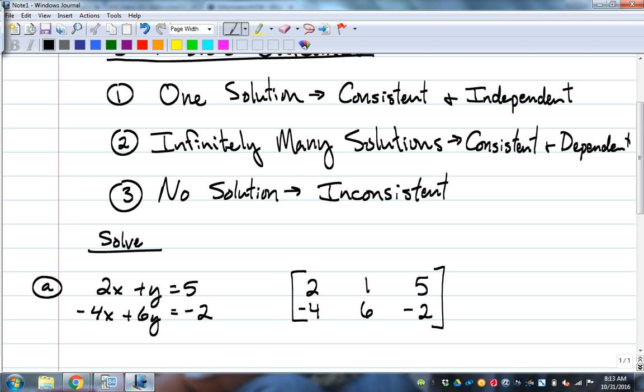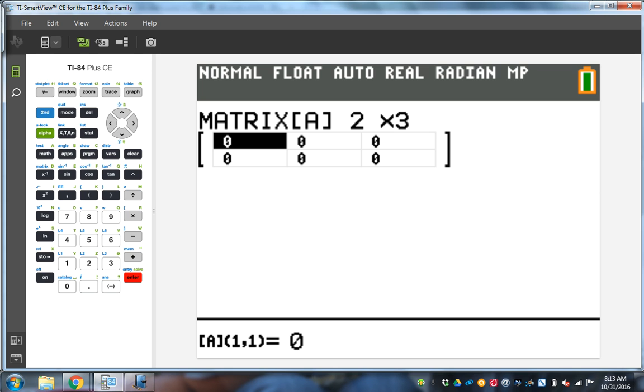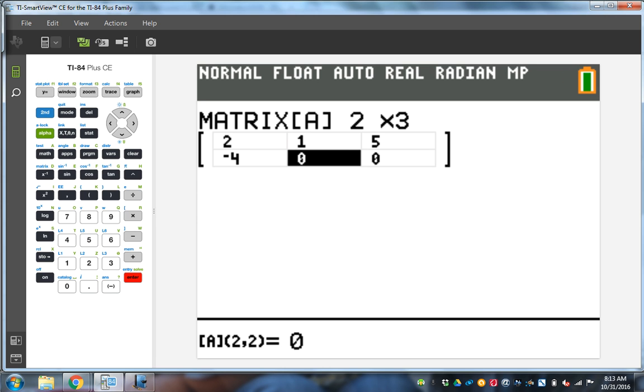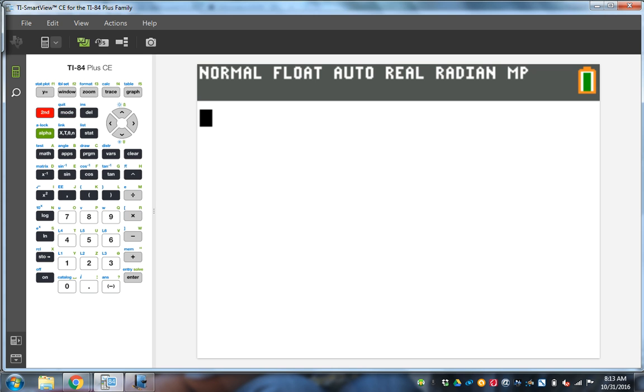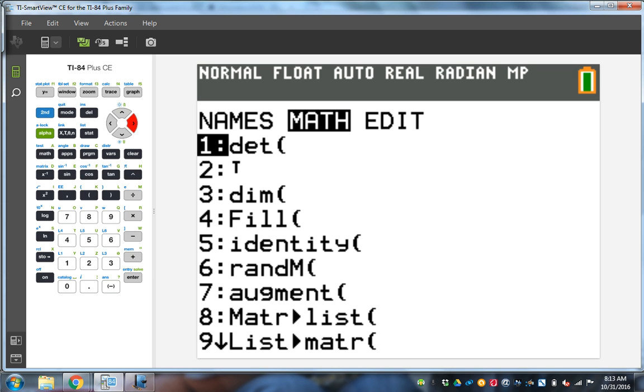All right. So going to our calculator there, second x inverse right there, to get to the matrix menu, press over to edit, 2x3 matrix, and we're going to enter that one. 2, 1, 5, negative 4, 6, negative 2. Okay. And then we're going back to matrix. We'll go to math, and we're using what?